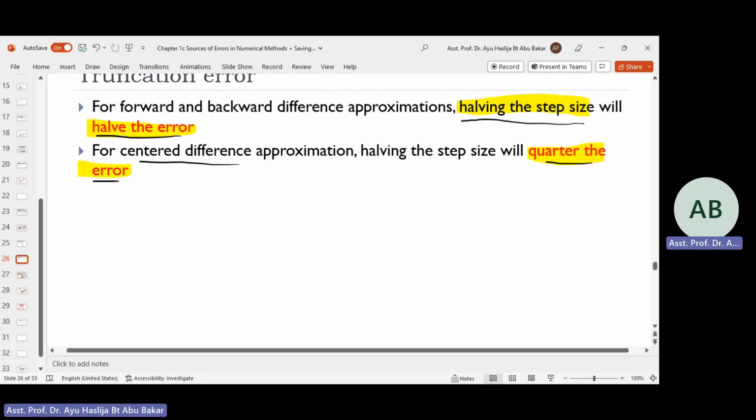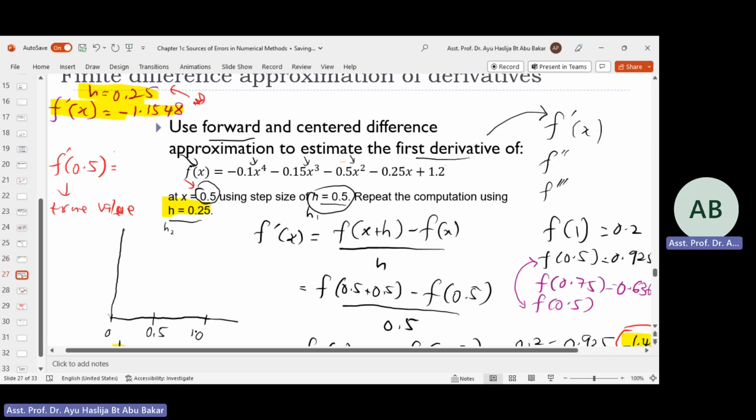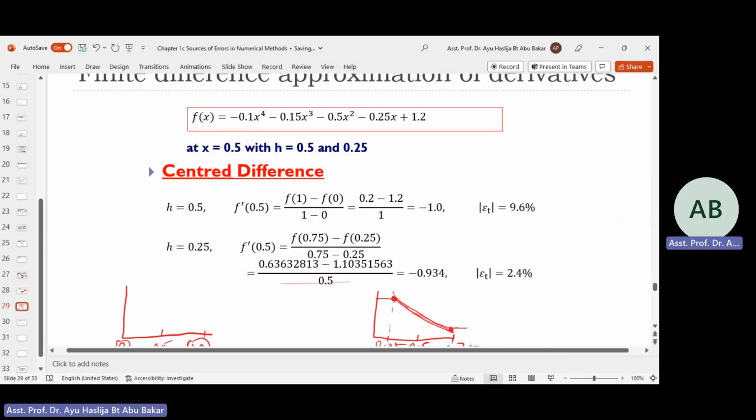The smaller the step size, the smaller the error again. So for centered, is it quartered? So this error value proves the statement just now.